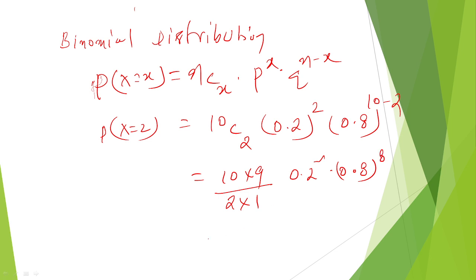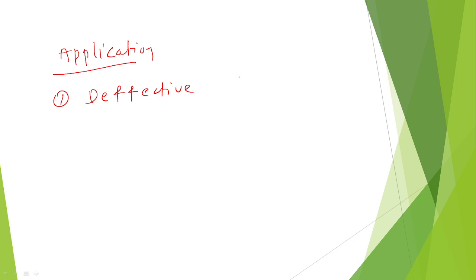So like this we can calculate the probability of how many defective elements are there. Coming to the applications, the binomial distribution is used to find defective elements in any company, and also in many games of chance. How much chance is there to win the prize?